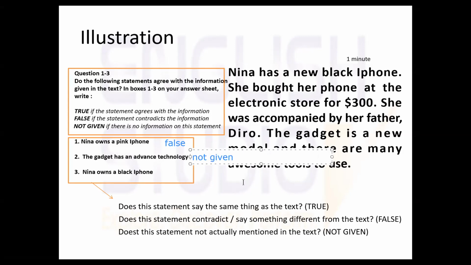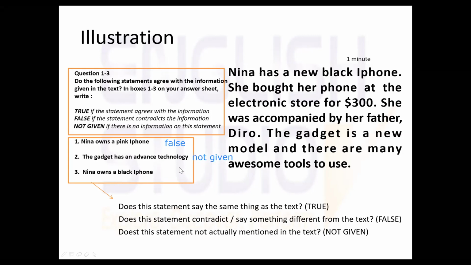And last, Nina owns a black iPhone. It's clearly true. Nina has a new black iPhone, so it must be true here. Okay, that's for the illustration. I hope you guys understand. That's the simple technique to understand what the true, false, not given, and yes, no, not given questions are about.